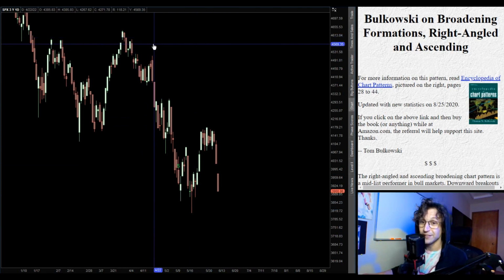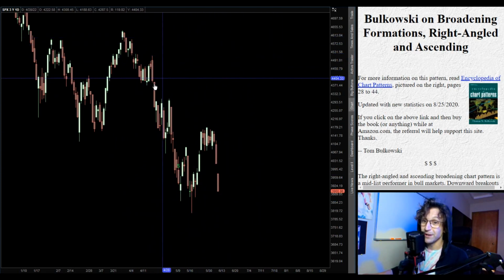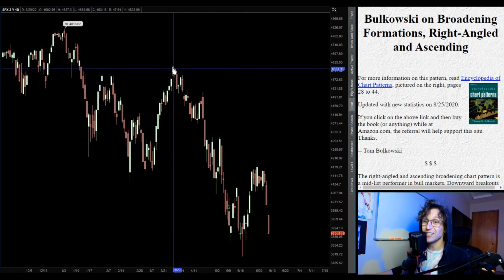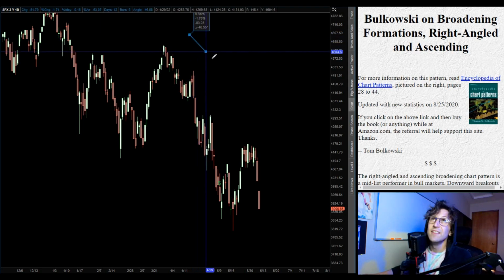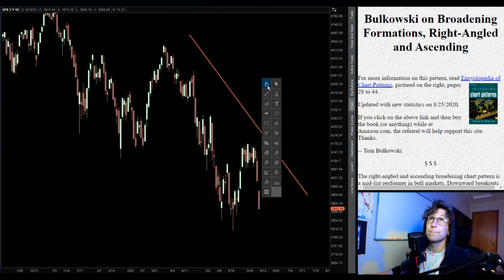So this move down though, this move did take a motive wave form. So what's going on in 1 degree higher here in this move down is actually down.